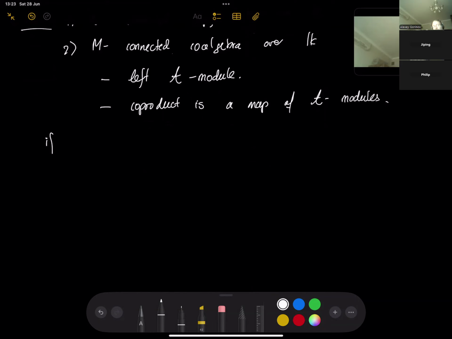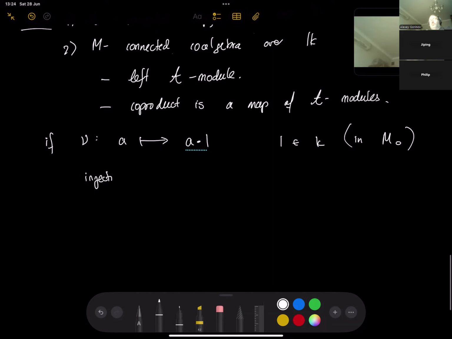Then if the map v, which takes an element a and multiplies it by 1, where 1 is the image of the unit in K in M_0, is injective, then M is a free A module.